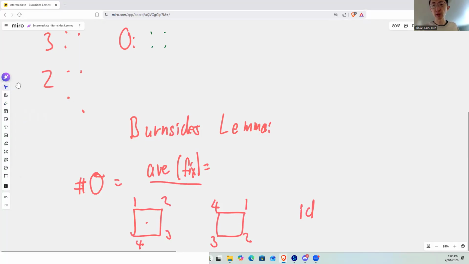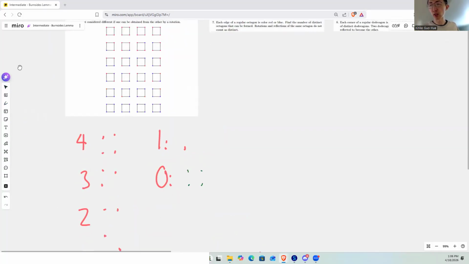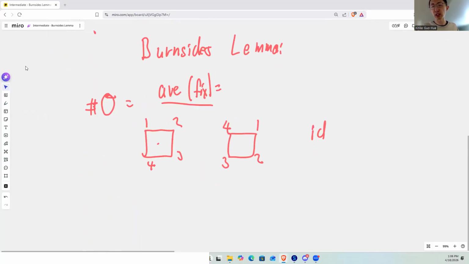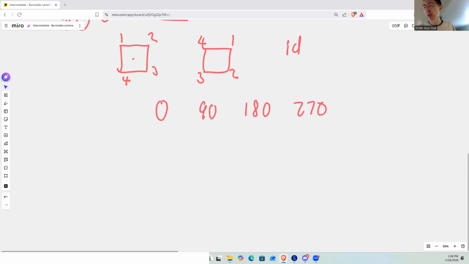So in this problem, the only symmetries are rotations. We can rotate by nothing, 90 degrees, 180 degrees, or 270 degrees. Burnside's lemma says that the number of distinct squares is the average number of fixed points.